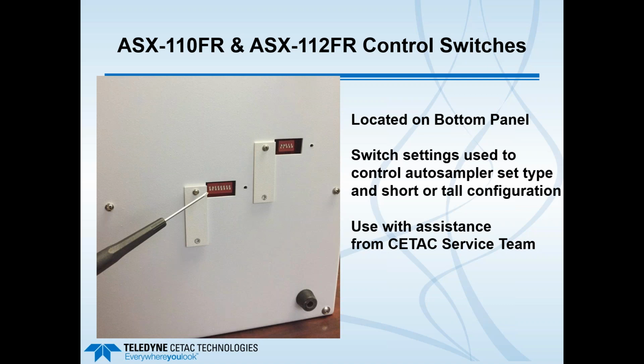I just wanted to point these out so you know where those are, but you would only use these with the assistance of the CETAC service team. They would give you more directions on how you would then set the appropriate small switches on the two switches.